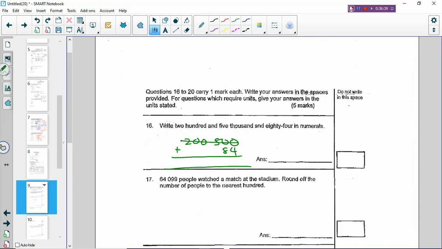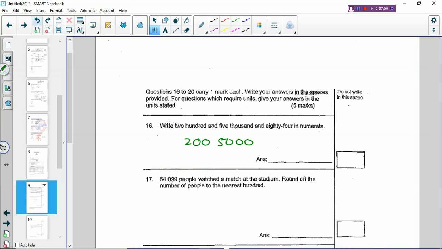205,000. Oh, Mr. Ong has a mistake. Okay, let me just erase that. That is 200 and 500, which is wrong. So 205,000. So even the careful way also has mistakes. So 205,000, right? 205,000 and 84. Right, so you just put 84. Okay, hang on.